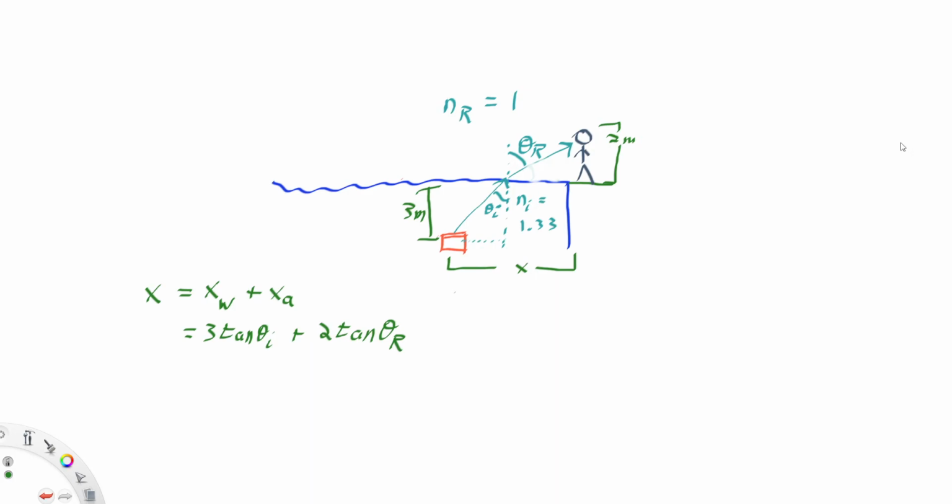We can use Snell's law to get us a relationship between theta i and theta r, right? Specifically, the index of refraction underwater times the sine of the incident angle is going to equal the index of refraction of the air times the sine of that angle.